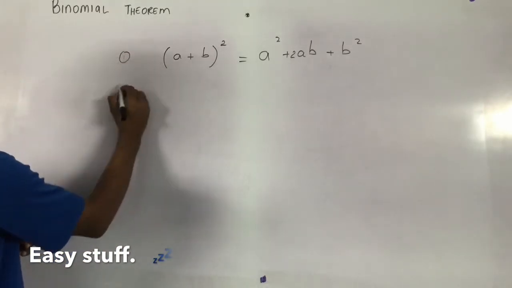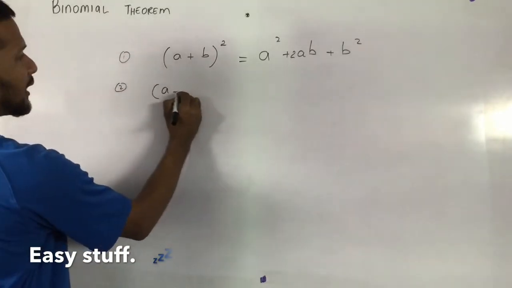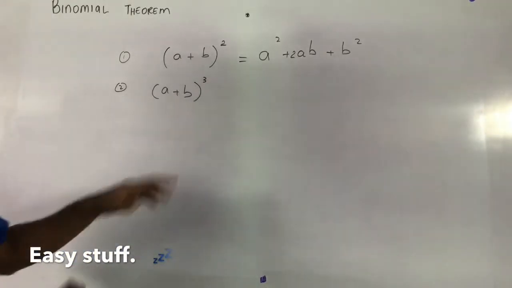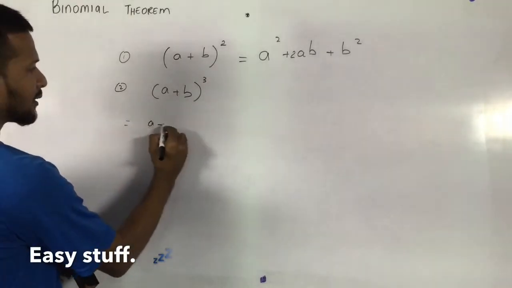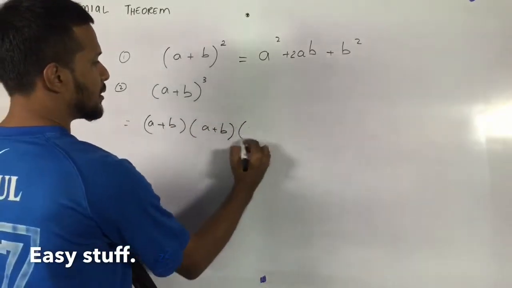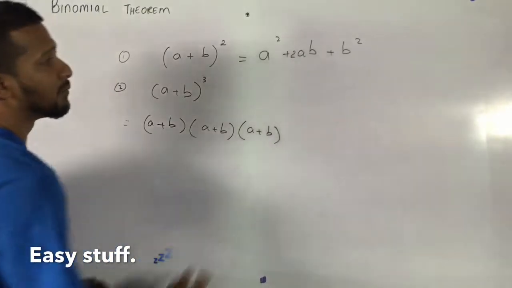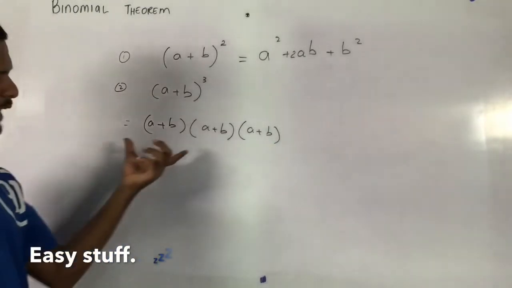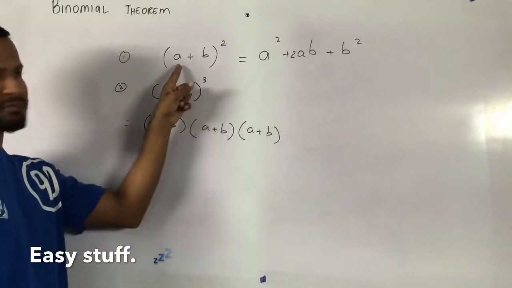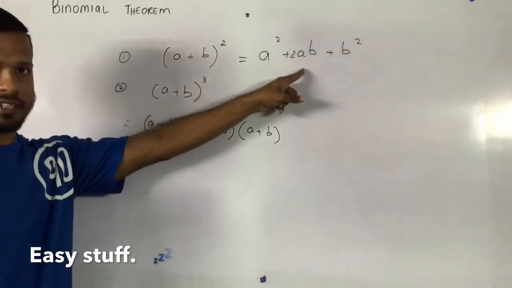So this is 1. Let's say now we had to do a plus b cubed. What will this be? This will be a plus b by a plus b by a plus b. Good? But we know this already. We know a plus b squared, which is this.